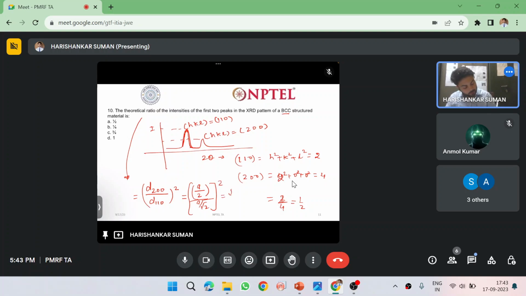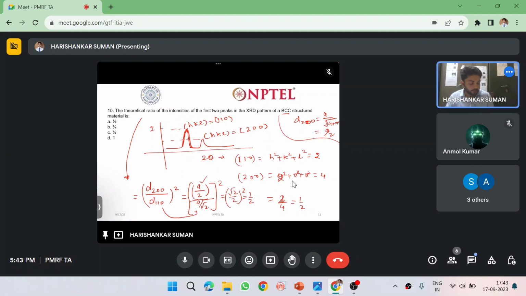This is root 2 by 2 square. How can we calculate d200? It is a by 2 square by 2.